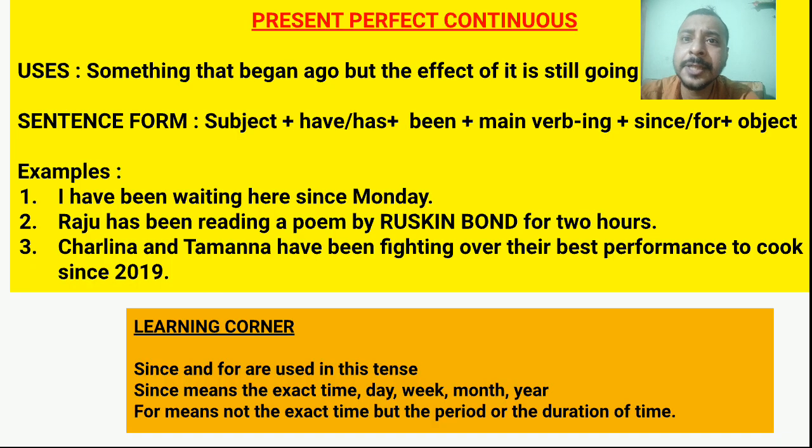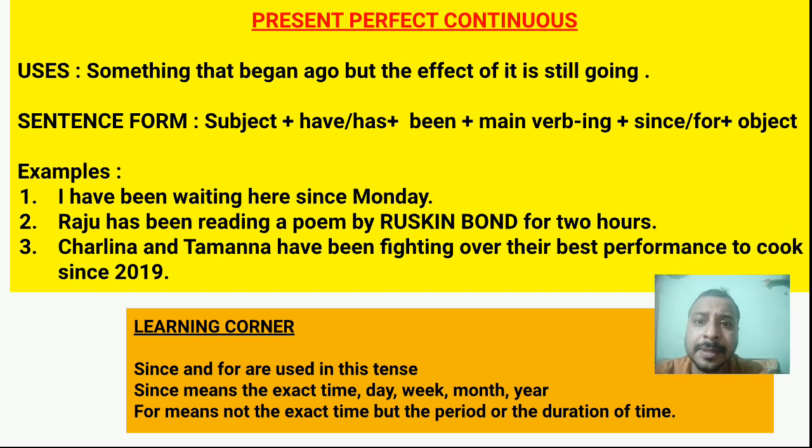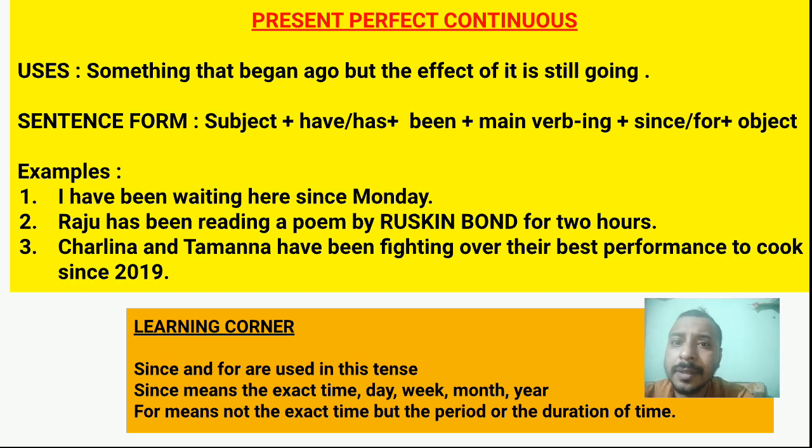Our next tense is present perfect continuous tense. Present perfect continuous tense has a little bit of relationship with the past tense. Past means I tell you something that happened ago, means happened before, happened in the past, but the effect is still going on.